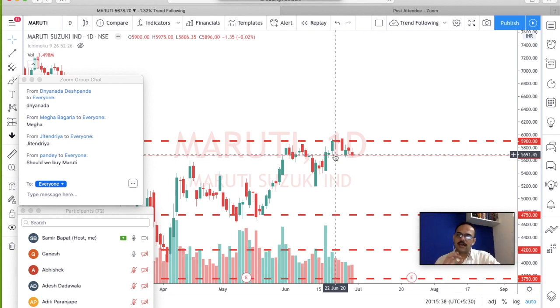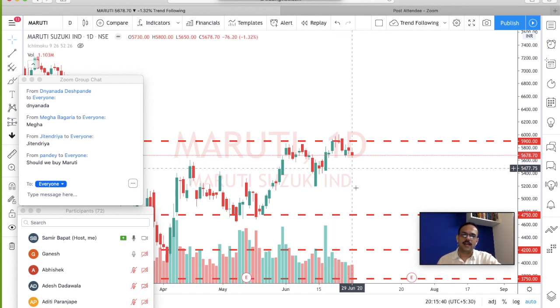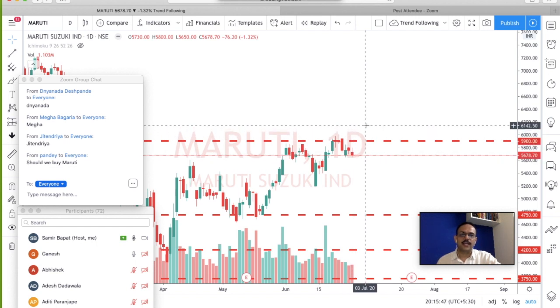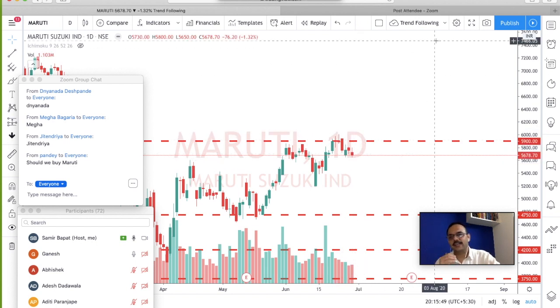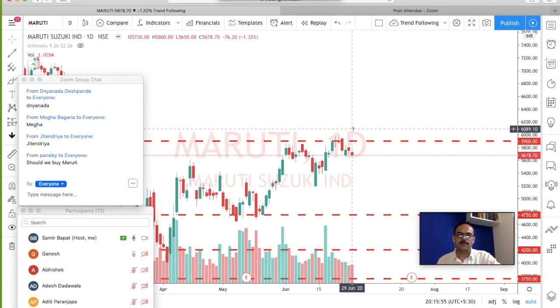So now I'm in a dilemma about what to do. What I would request is, if you are willing, let it cross above this line. It will very rarely fly away such that you will not get any opportunity to ride the wave. Let it go up, and it will take a slight bounce.